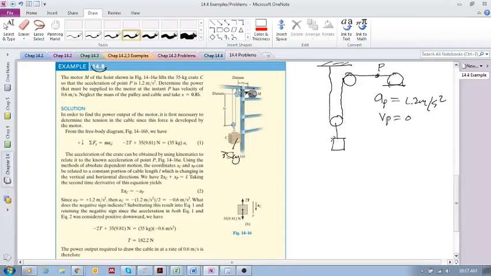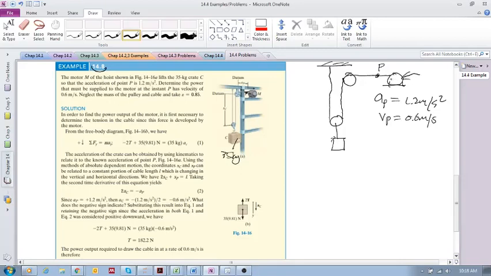Okay, so we got acceleration information of P and the velocity of P. Okay, now we'll get to this idea of supplied to the motor. So one thing you need to understand is that we have power that's coming into the motor and power that the motor is supplying.